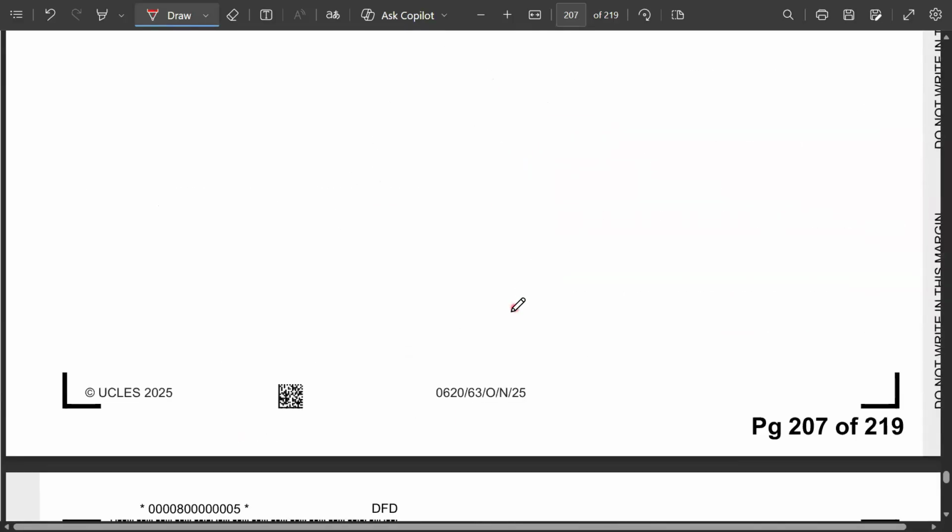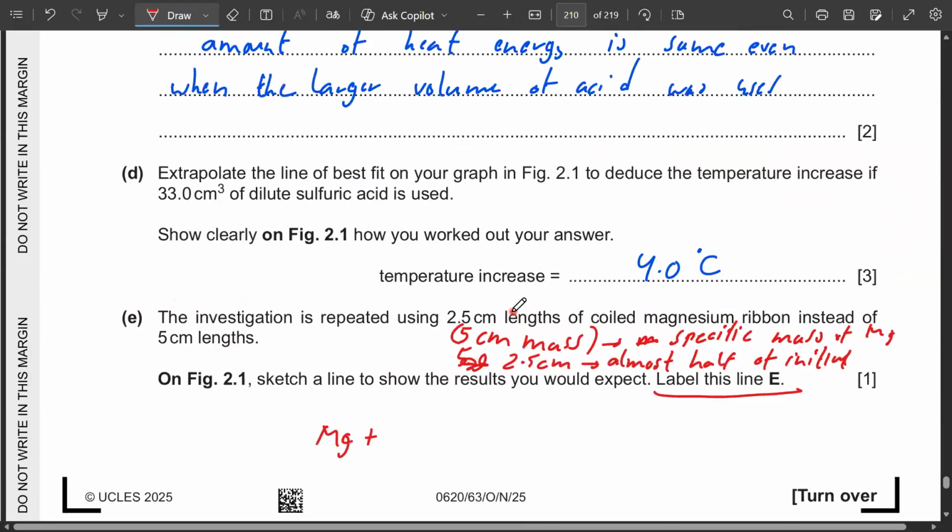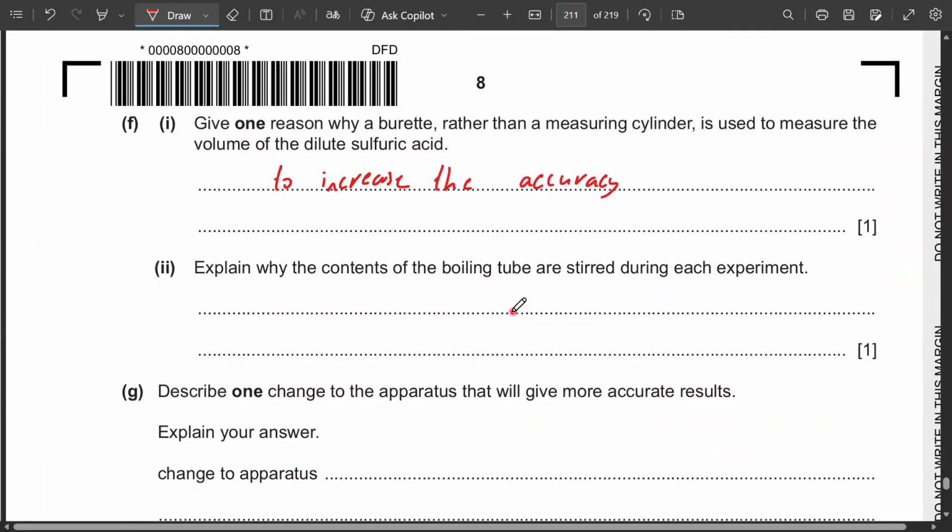Now, why are we stirring it? Since we are mixing two things, the magnesium ribbon and the sulfuric acid, mixing must be thoroughly done to mix evenly, or to have even distribution of heat, because heat is also being produced, and if a large amount of acid is there in the boiling tube, the heat energy might not be evenly distributed if you do not stir it.